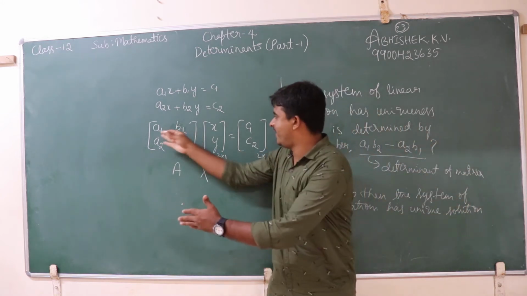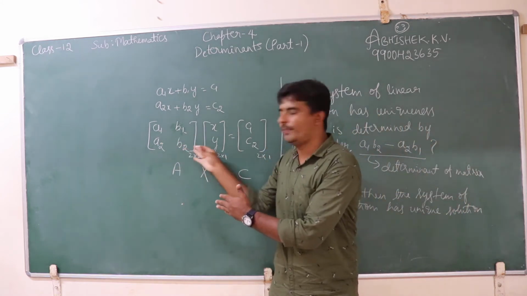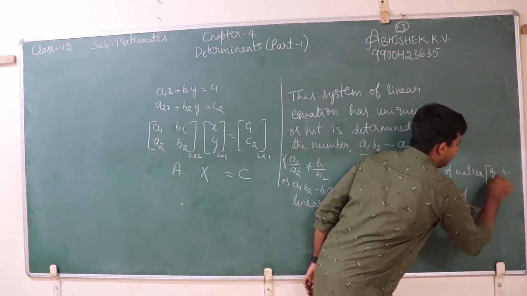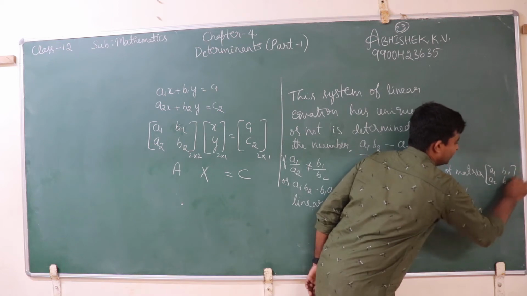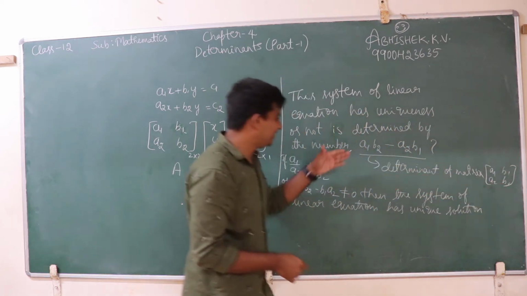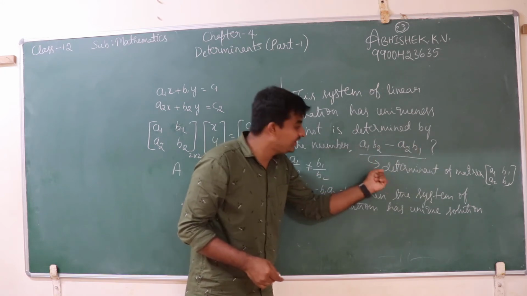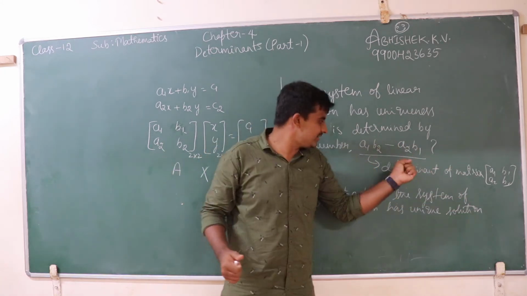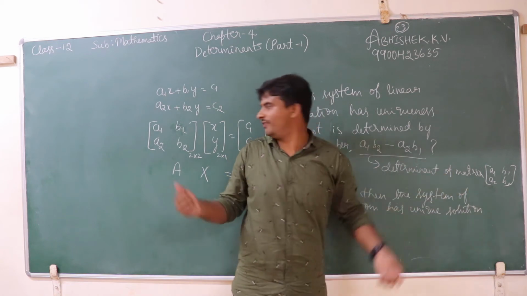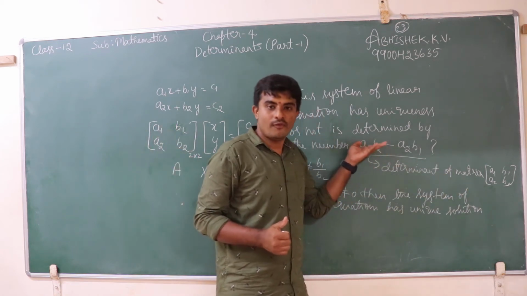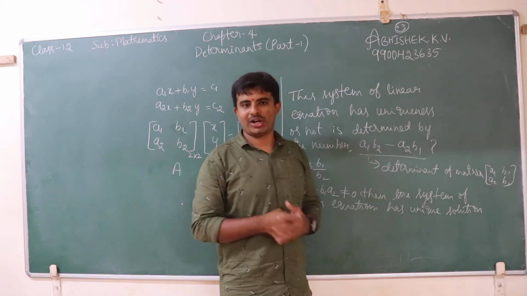Which matrix? The matrix a1, b1, a2, b2 of order 2 cross 2. Therefore, a1 b2 minus a2 b1 is the determinant of the matrix. This is the determinant associated with the matrix a1, b1, a2, b2. So this is the value of the determinant for 2 cross 2 matrices.